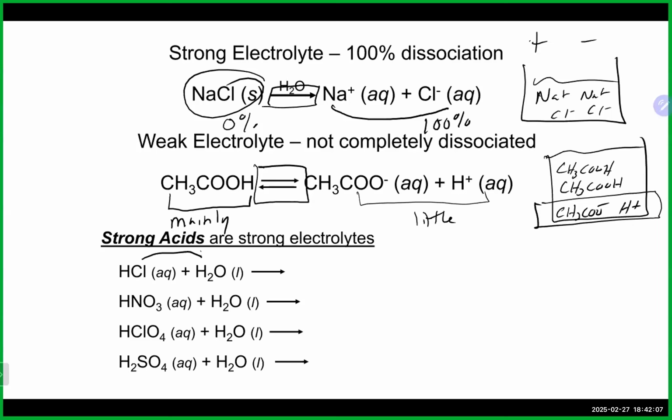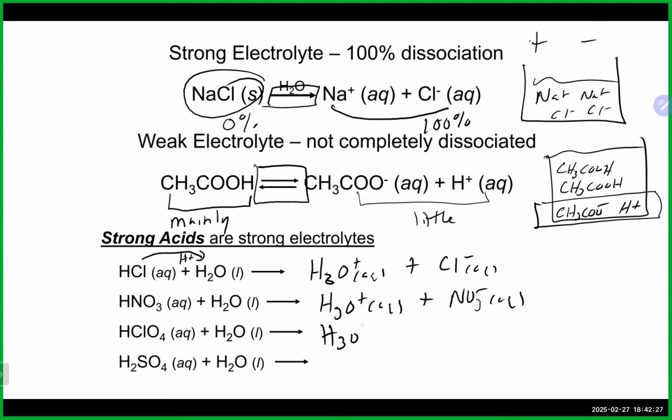They all will essentially send an H plus over. And because we do have water in this equation, we will produce H3O plus and Cl minus. We'll form H3O plus and some nitrate. We'll form some H3O plus and some perchlorate, and a little H3O plus, and in this case, hydrogen sulfate.